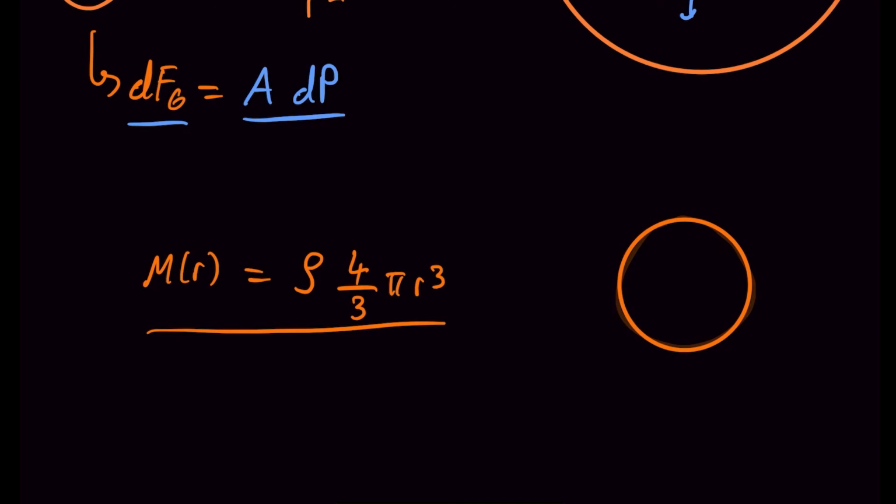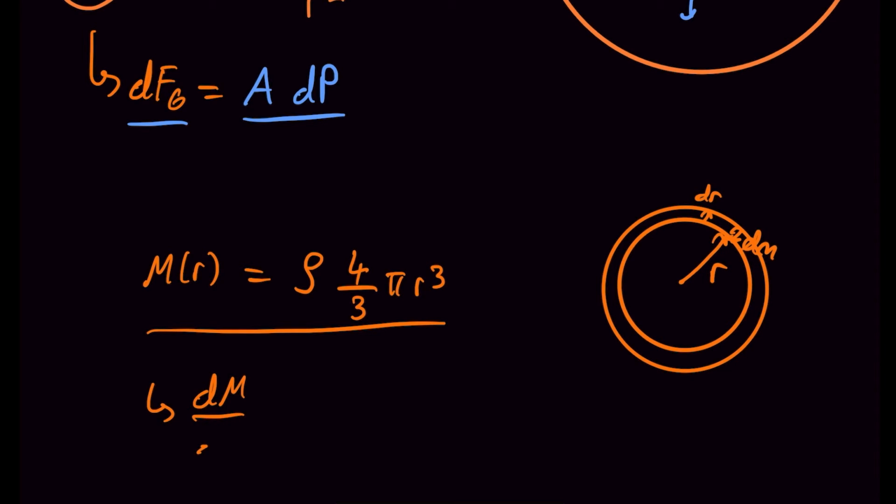Now if you take this mass, this is the mass up to this r, and you add a tiny other shell of infinitesimal thickness and infinitesimal mass, dm here, you would get how much the mass has changed with an infinitesimal change in radius here. So this is dr. What I'm trying to say is if I go ahead and differentiate this, dm over dr, I would get 4 pi r squared rho.